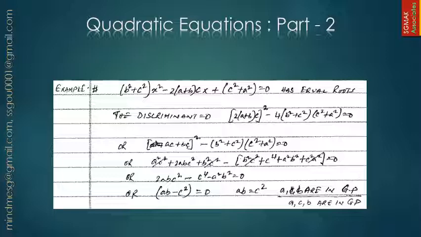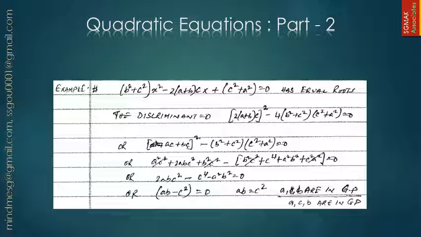So c over a equals b over c, and that gives you a times b as c squared.